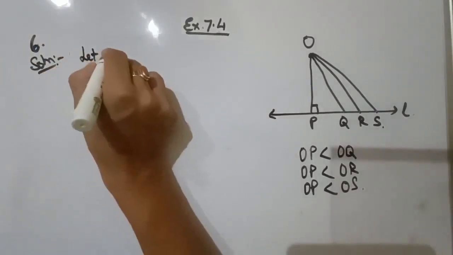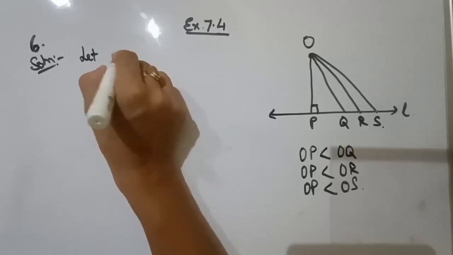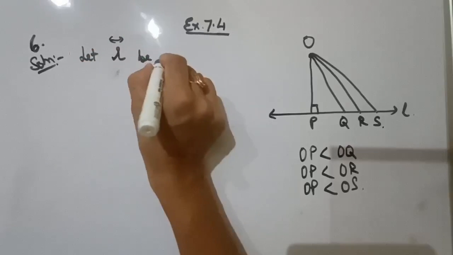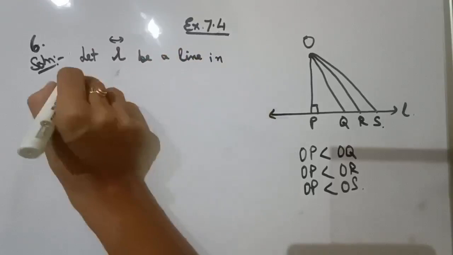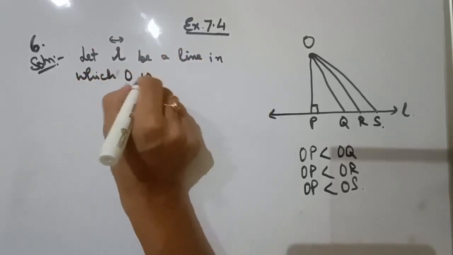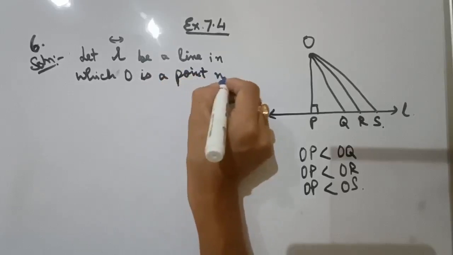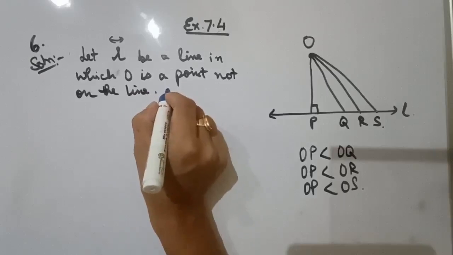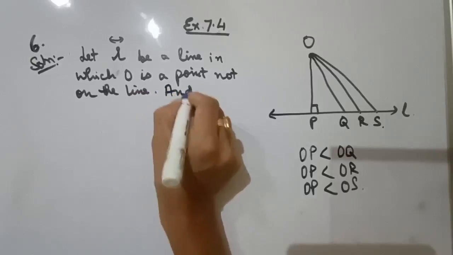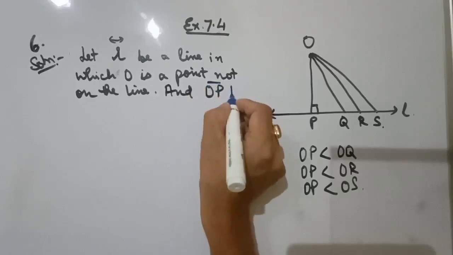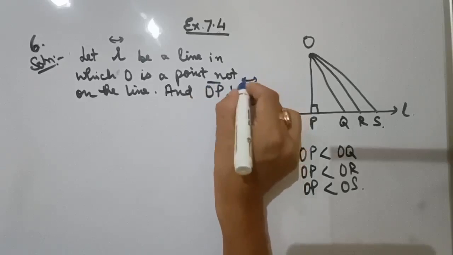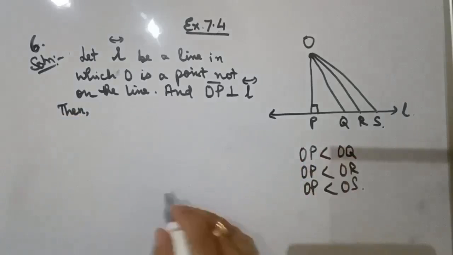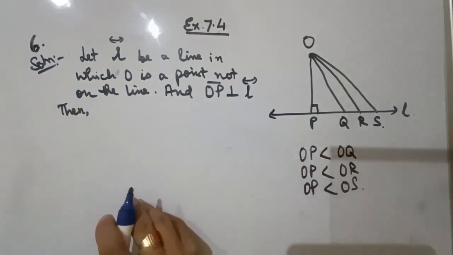Let L be a line in which O is a point not on the line, and OP is perpendicular to line L. Then we are to prove OP is less than OQ and OP is less than OR and OP is less than OS.